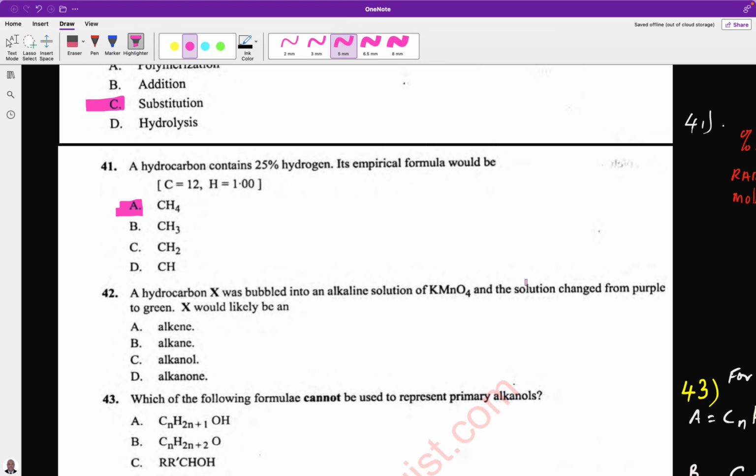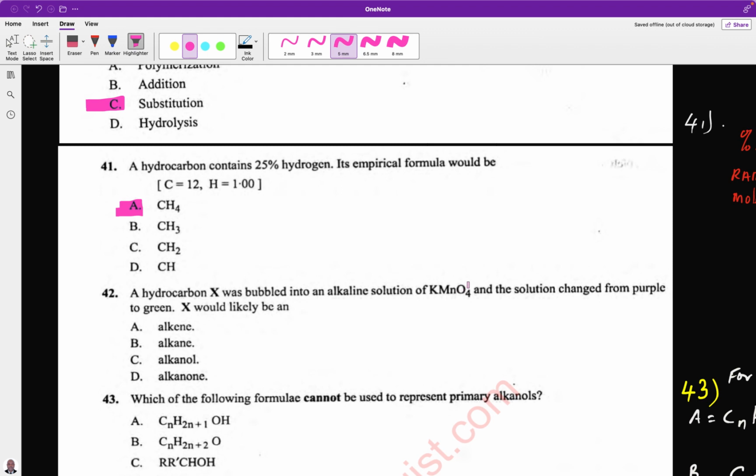The only hydrocarbon that this is going to oxidize, because potassium manganate(VII) is a strong oxidizing agent, should be a hydrocarbon with a double bond, and that is an alkene.